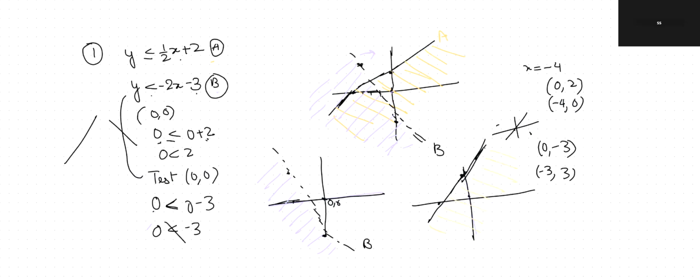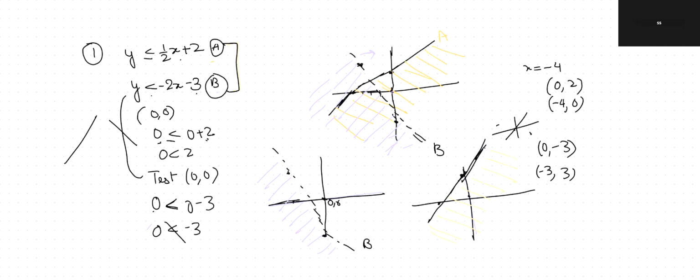Now to find the solution of the system of equations, we have to see the shaded region which is common to both. So that is this region.